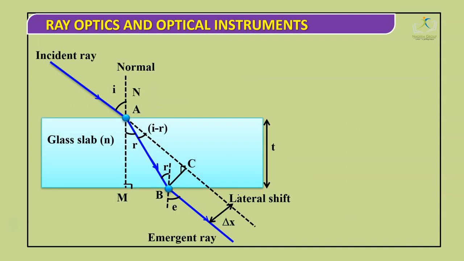So this is the complete diagram. When light rays pass from a rarer medium to a denser medium, they bend towards the normal, and if the light rays pass from a denser medium to a rarer medium, they bend away from the normal. This is the lateral shift, which we call delta x. This is the incident angle, or angle of incidence.